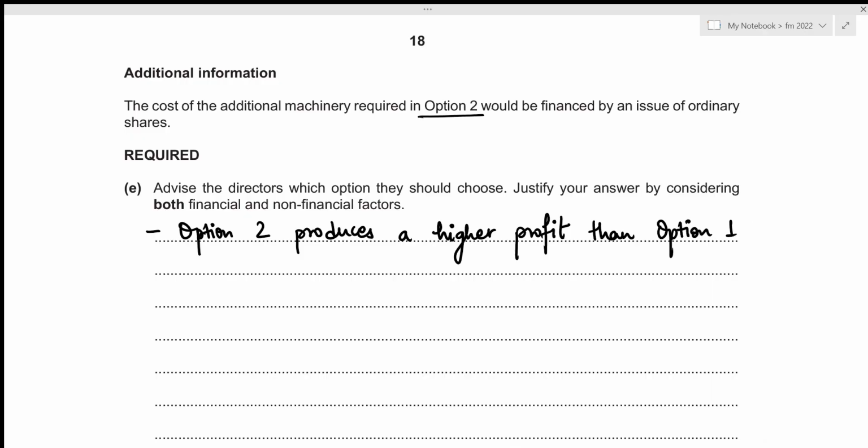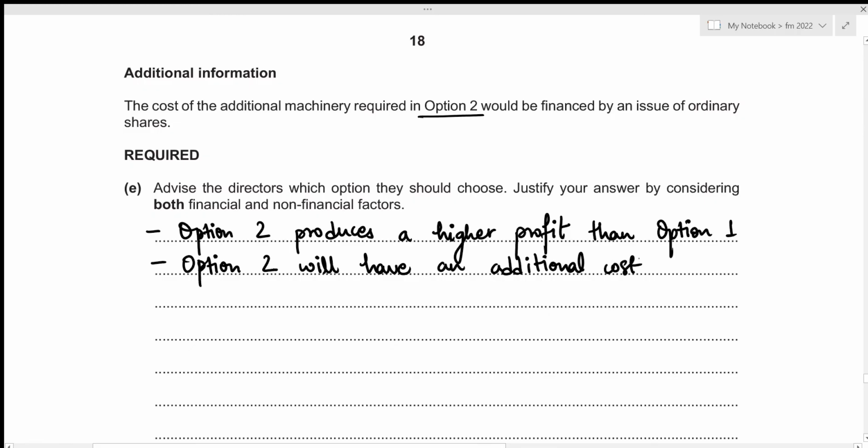And under option 2, the cost of additional machinery is being financed by an issue of ordinary shares, which means that there will be an additional cost for the share issue, right? So option 2 will have an additional cost for share issue.